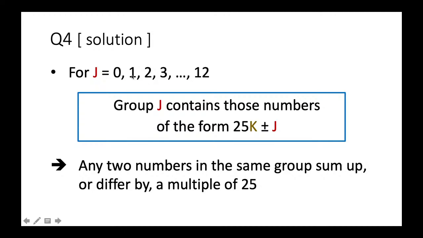Group 1 will have numbers like 1, 24, 26, 49, 51, 74, 76, and also 99.